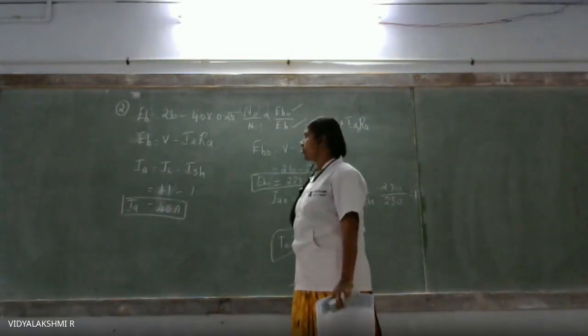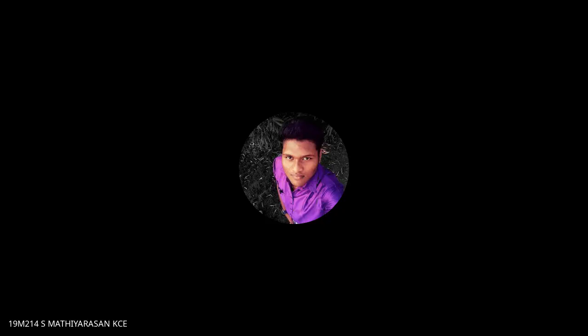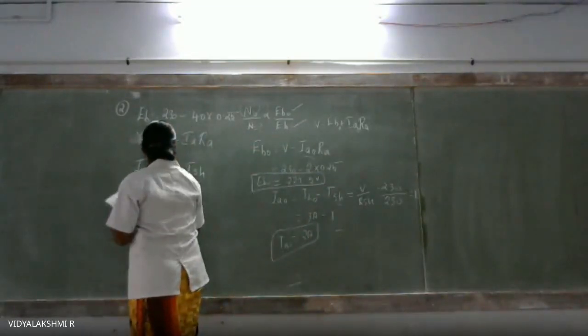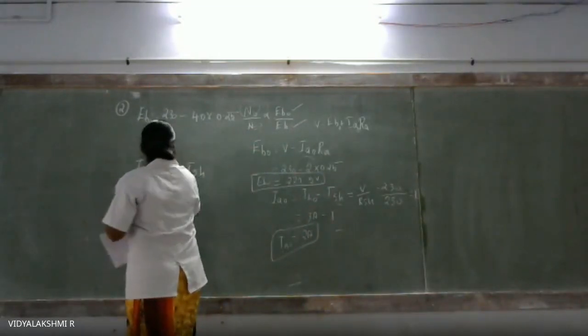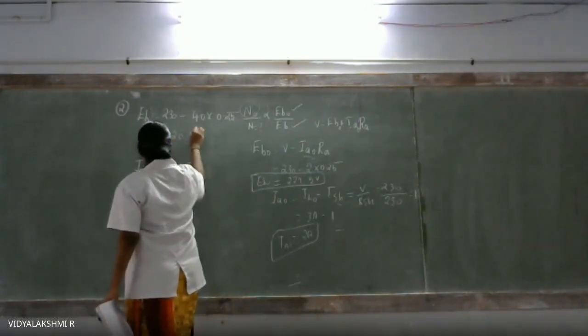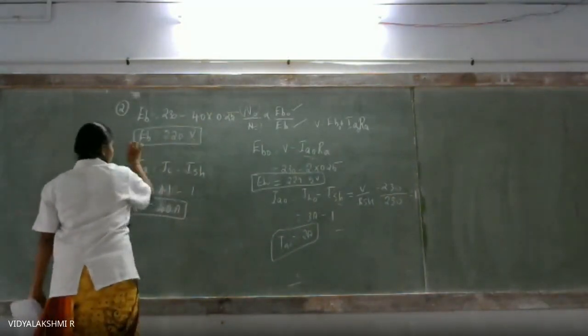What is the value? 220. Yes. So my value is 220 volt. Every time you have to end with the unit. So EB is equal to 220.